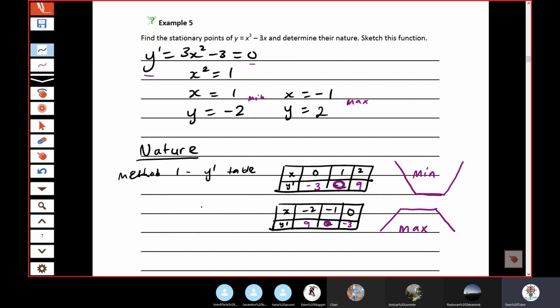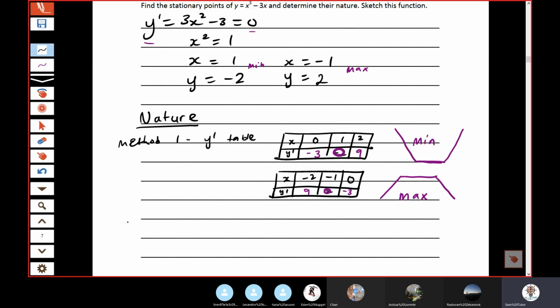That's method 1. Let's quickly look at method 2 as well. Method 2 is y double dash. If y double dash is greater than 0, we would say it's a min straight away. If y double dash is less than 0, we say it's a max.